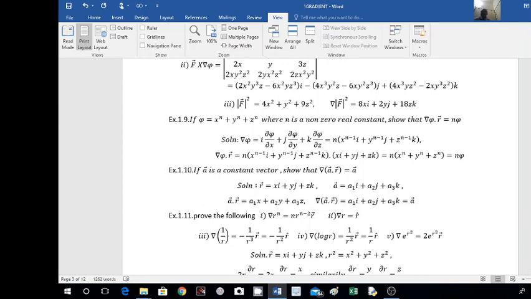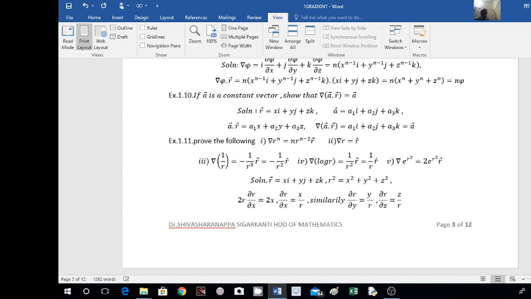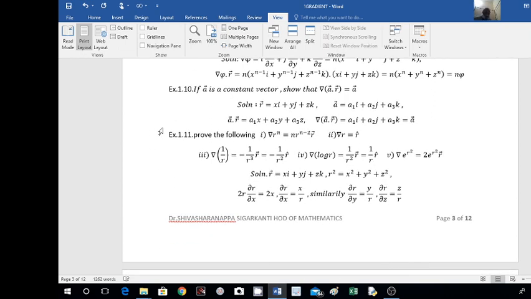Next, some more properties are here. We consider them one by one. This is the example. Prove the following. Number 1, del r power of n equal to n into r power of n minus 2 into vector r. Second one, del r equal to unit vector r.